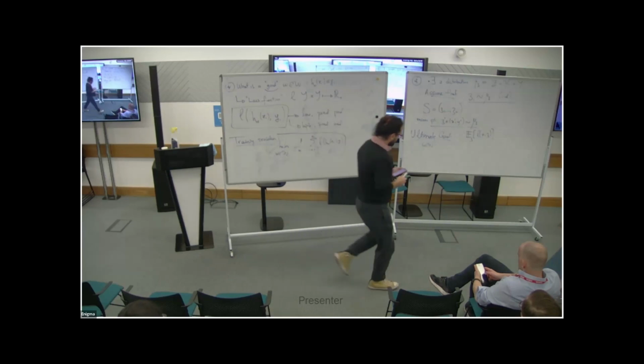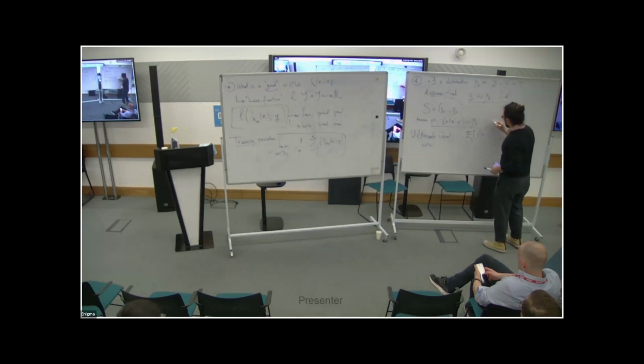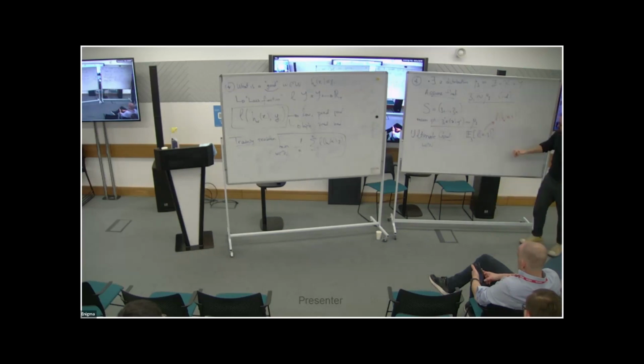As a shorthand notation, this is going to be the same as the loss of h_W(X), Y. So X and Y give you Z, and W is coming here.